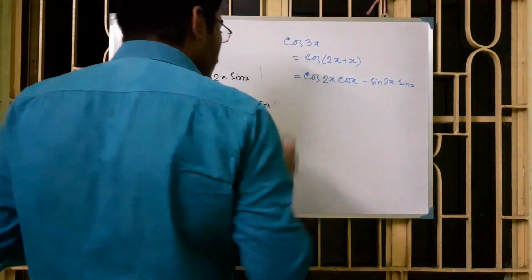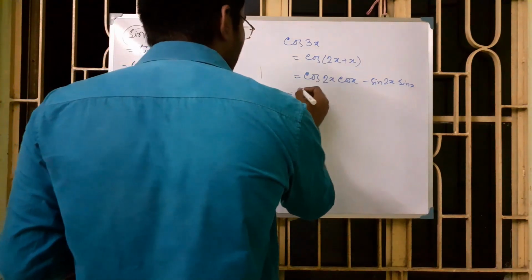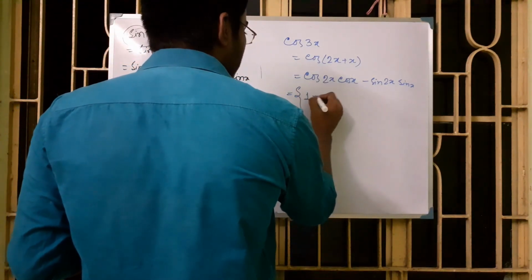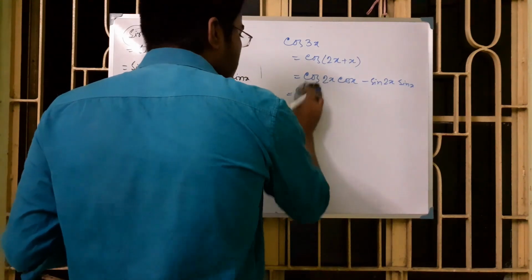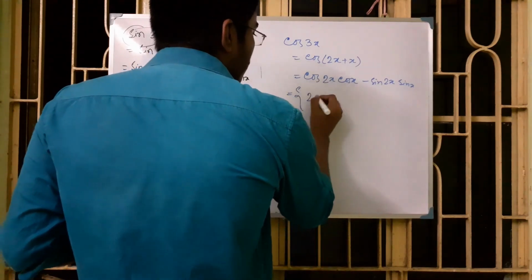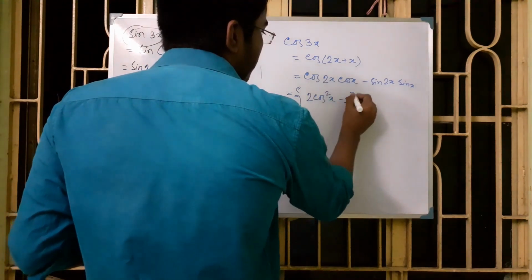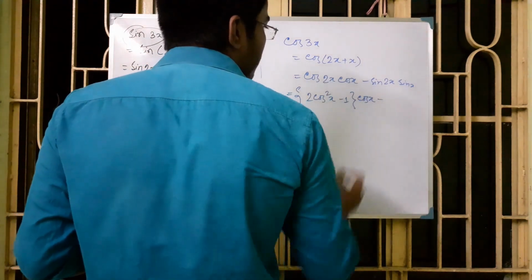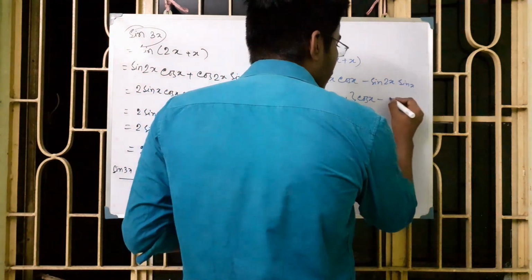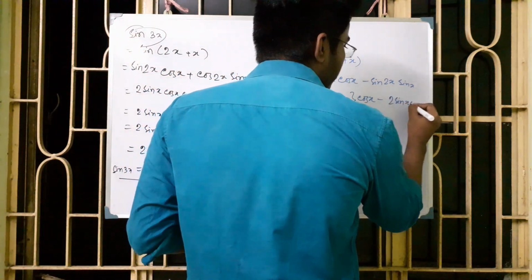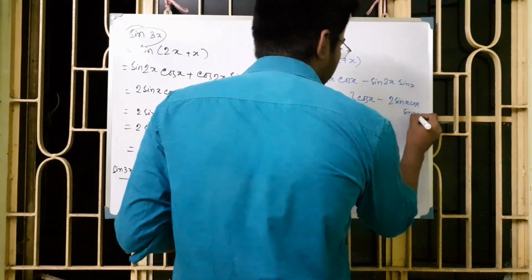So cos 2x means 2 cos square x minus 1 into cos x. Sin 2x means 2 sin x cos x into sin x.